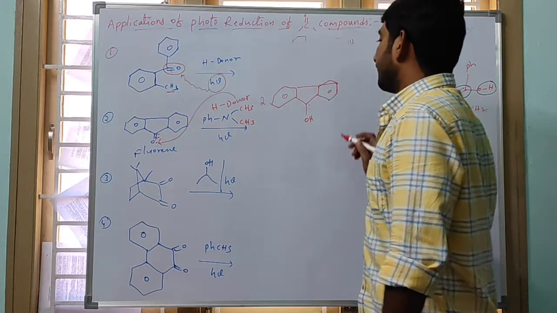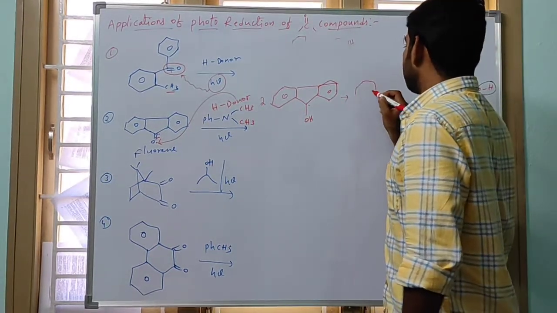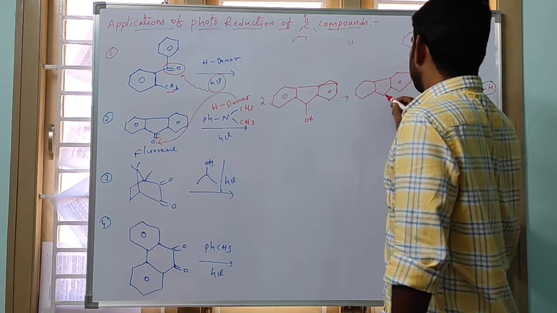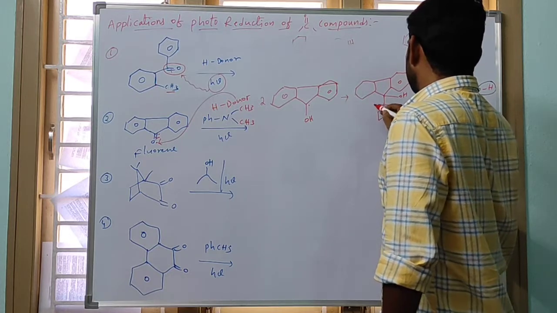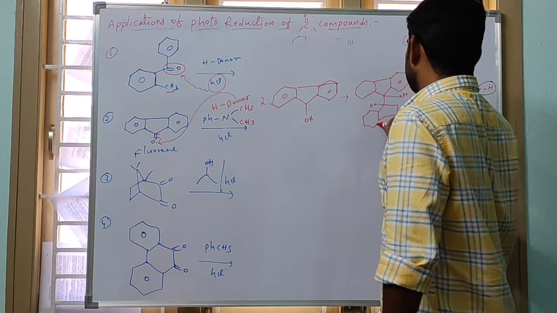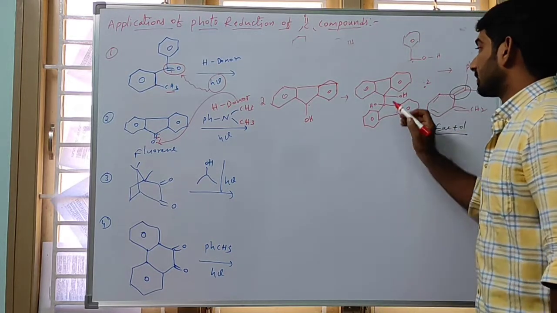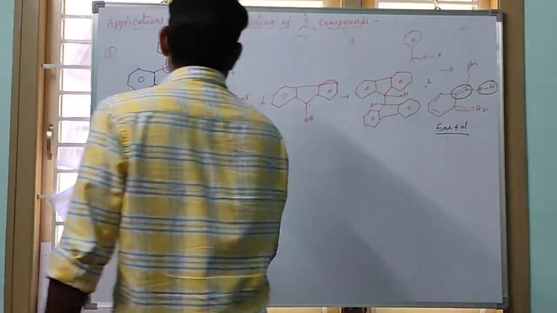These two types of radicals combine and produce the 1,2-diol. This is a photoreduction.